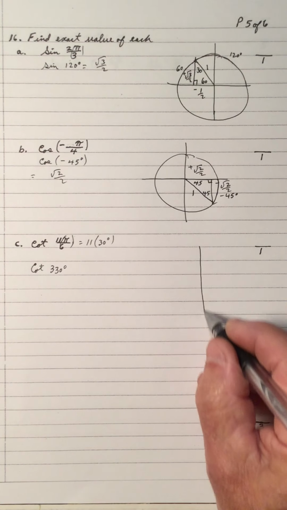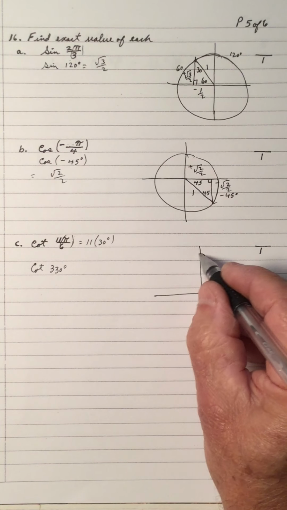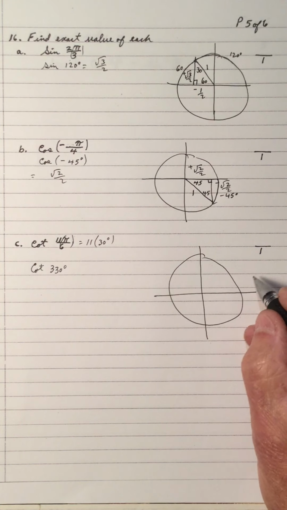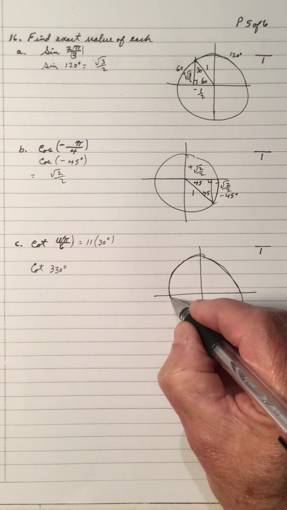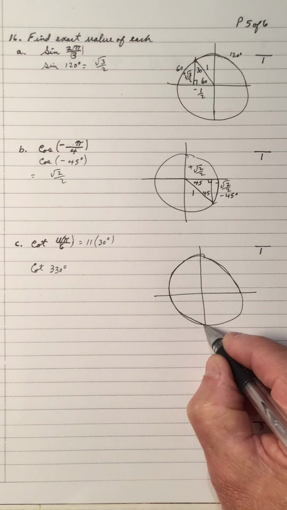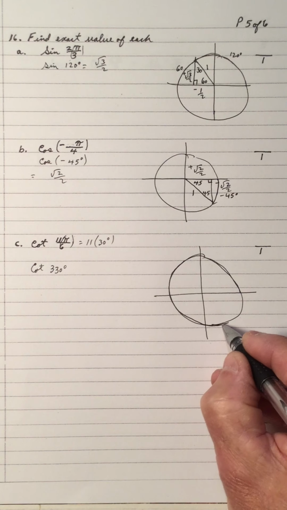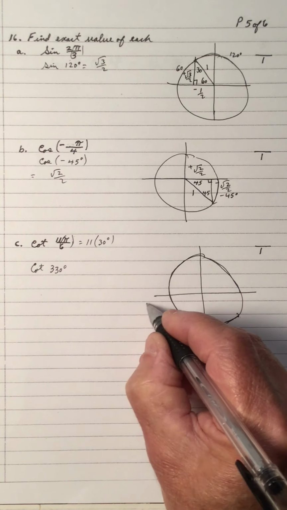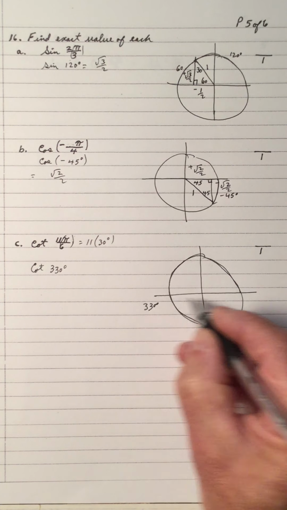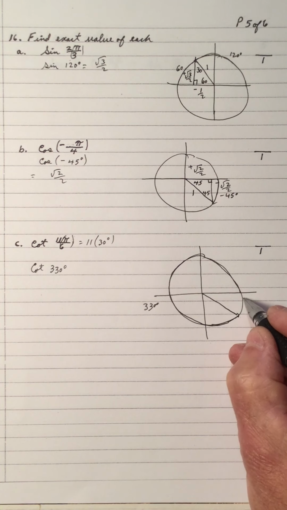So we'll draw that circle. Here we go. And 330 is 90, 180, 270. Keep going. 270 and 60 more. So there's 330 rotation. Terminal arm goes out.